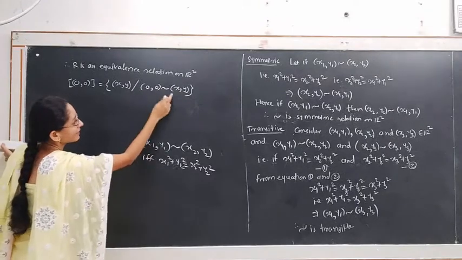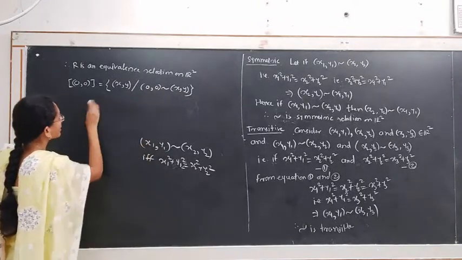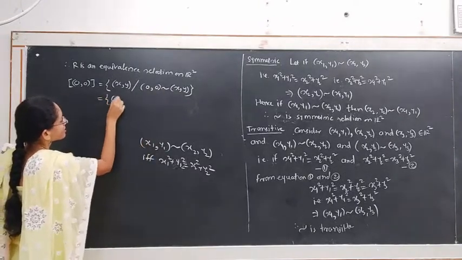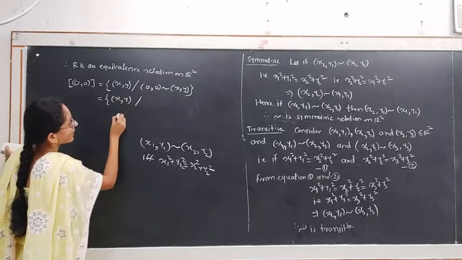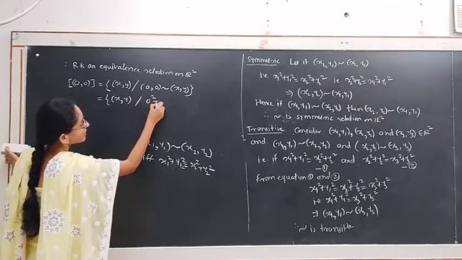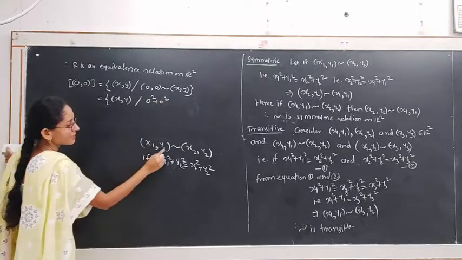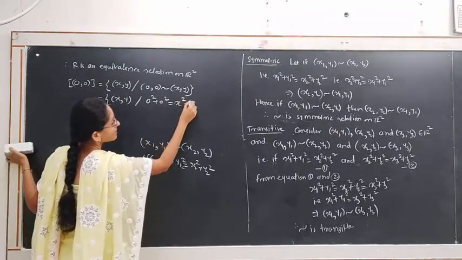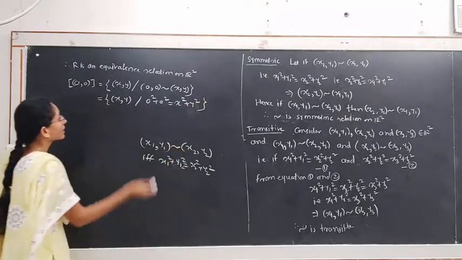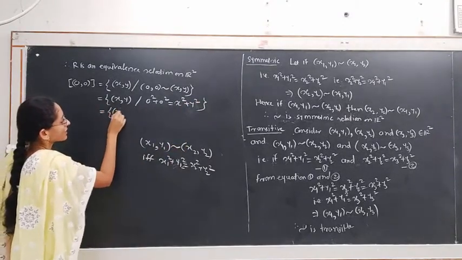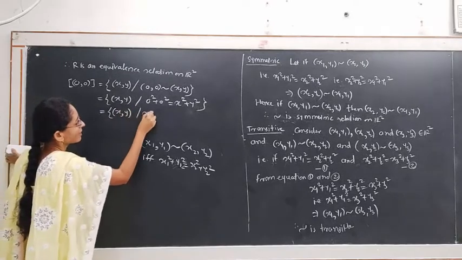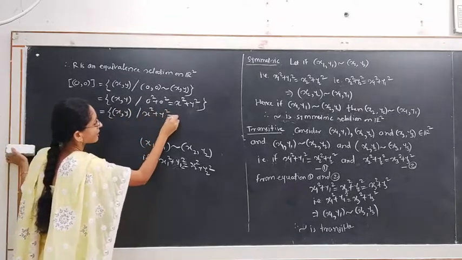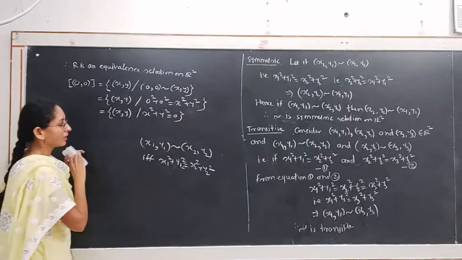They are related if they satisfy this condition. That is, the set of all points (x, y) where 0 square plus 0 square, this is x1 square plus y1 square, is equal to x square plus y square. This is the set of all points (x, y) where x square plus y square equals 0.